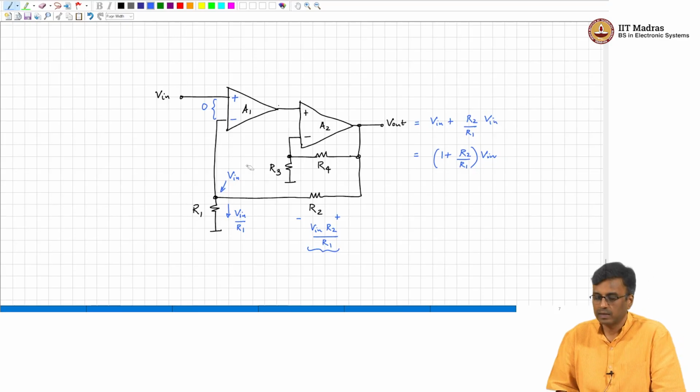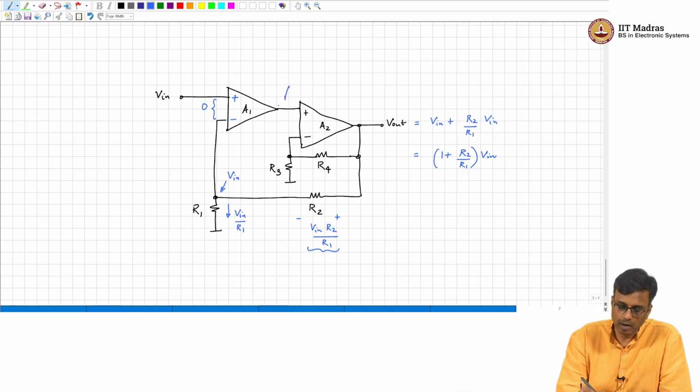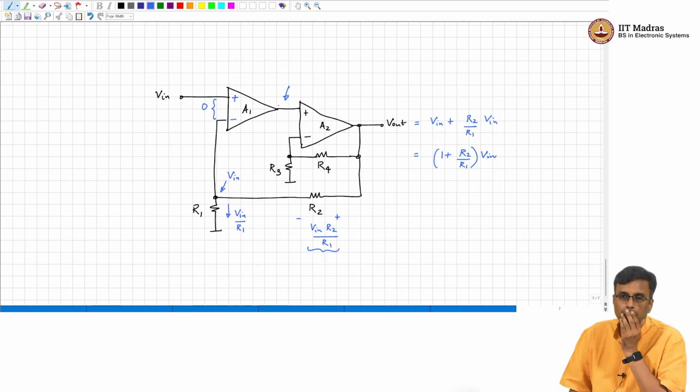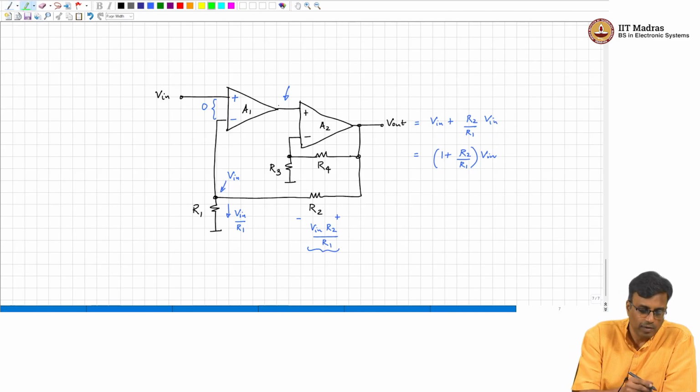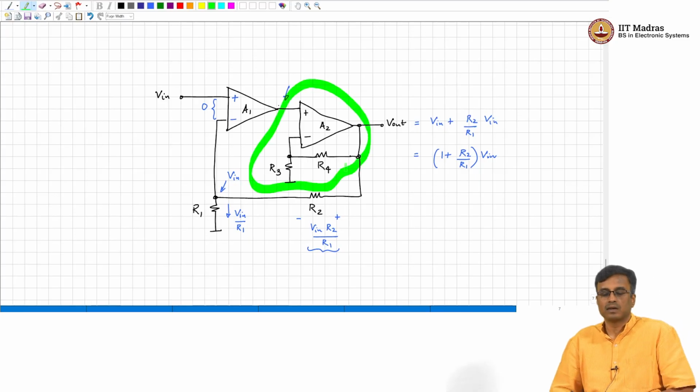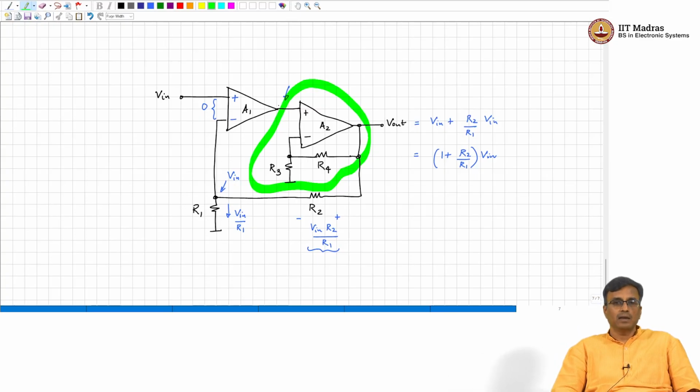And what comment can you make about this voltage? There are two ways of doing this. One way is, if you're very comfortable with this, you can recognize that this is a non-inverting amplifier with a gain 1 plus R4 by R3.